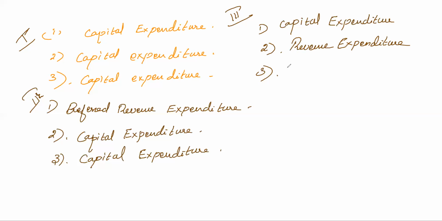So machine operators' wages, if it is paid like that, it is revenue expenditure. Then fourth one, hire charges for the use of motor vehicle hired for 5 years but paid yearly. We have to pay yearly. So this is also revenue expenditure.